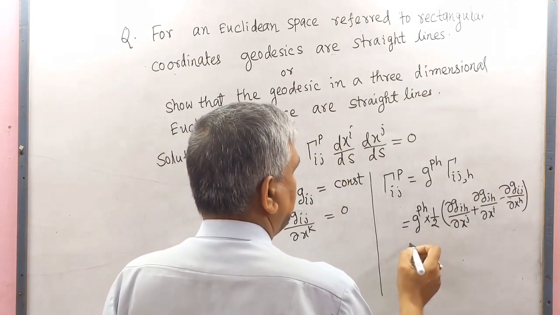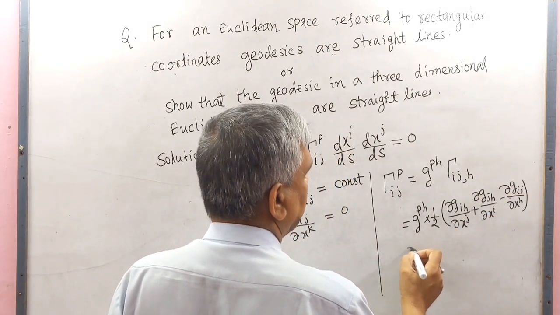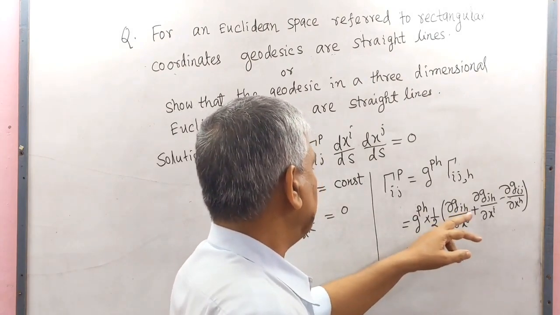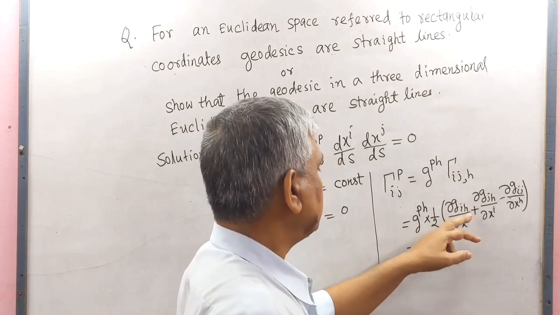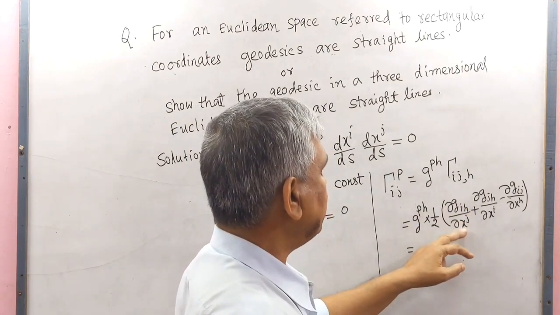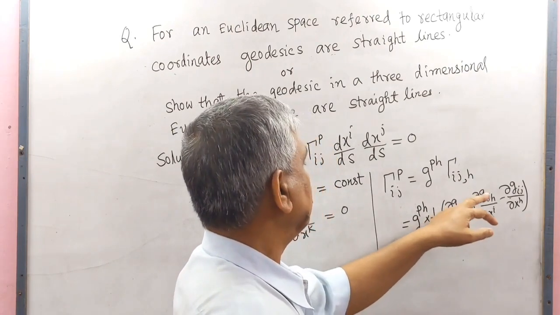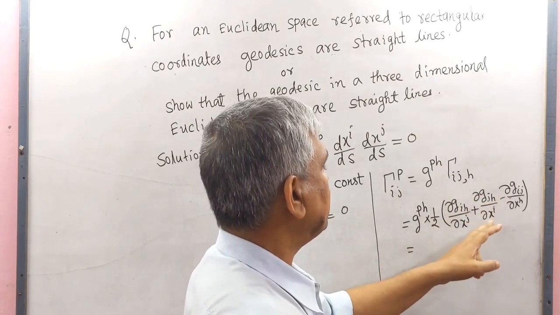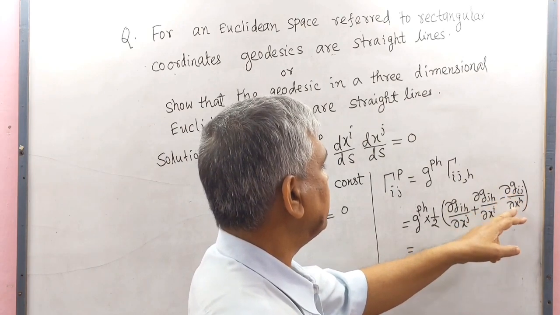This implies that gih is constant, so derivative of gih is 0. Similarly, gjh is constant, derivative of this is 0 and this is also 0.